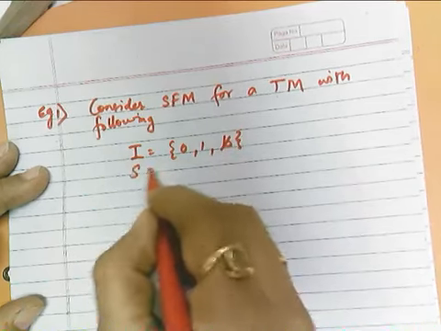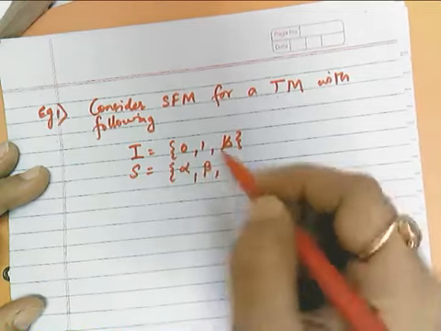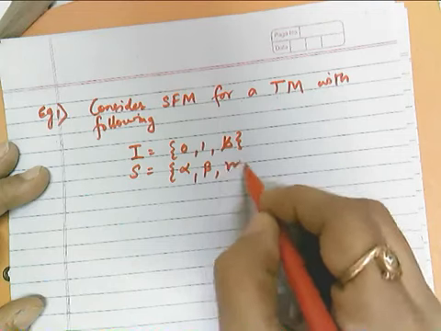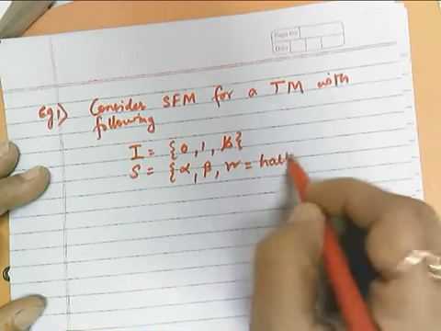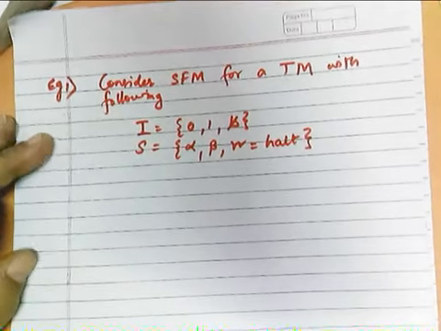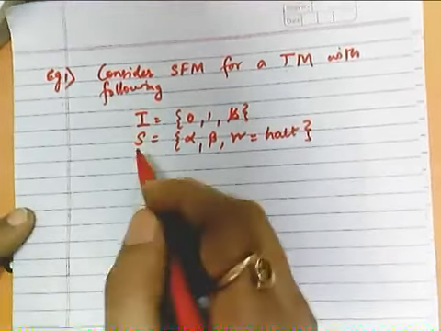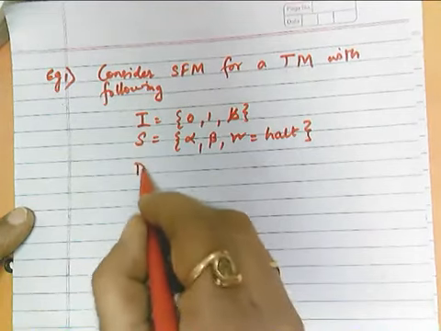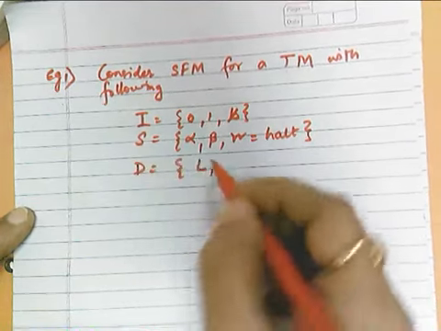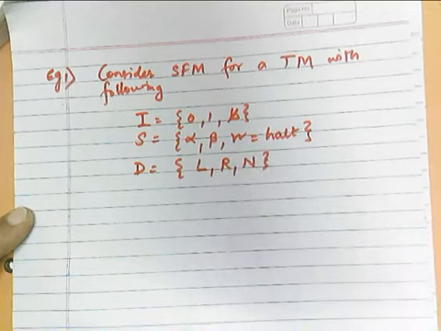S is alpha, beta, gamma, where gamma is the final state, or in a Turing machine it is called the halt state. D is indicating the 3 directions, that is L, R and no movement.